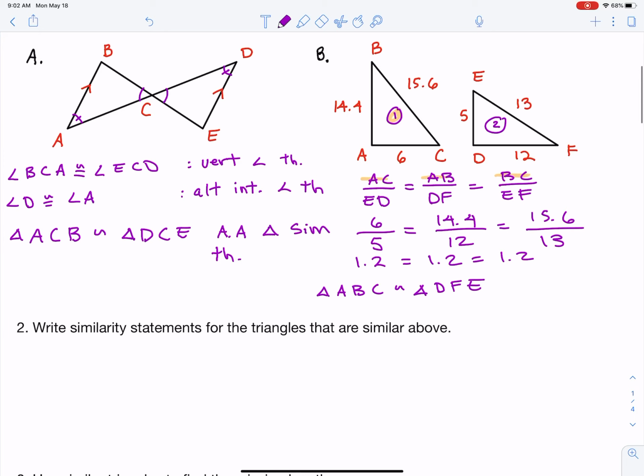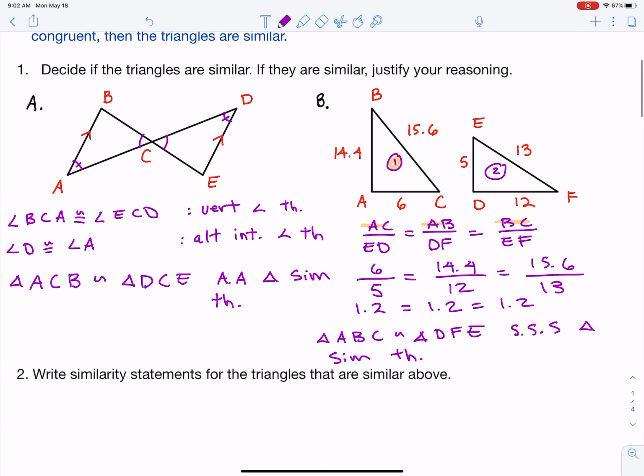AB was a middle size side, DF was a middle size side, BC was a large side, FE is a large side. That works, okay? So those two are similar. How do we know? That is the side, side, side triangle similarity theorem.